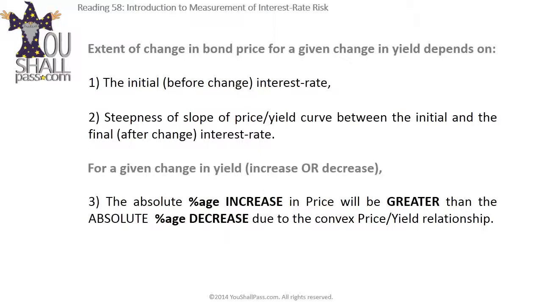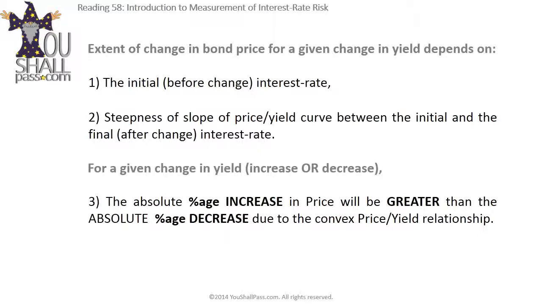You will appreciate that all three of these characteristics of price yield behavior are largely due to the convex shape of the price yield curve. To the extent, in fact, that if the convexity were to be removed, if the relationship were to become linear, then the first and the third of these characteristics would also not be observed.